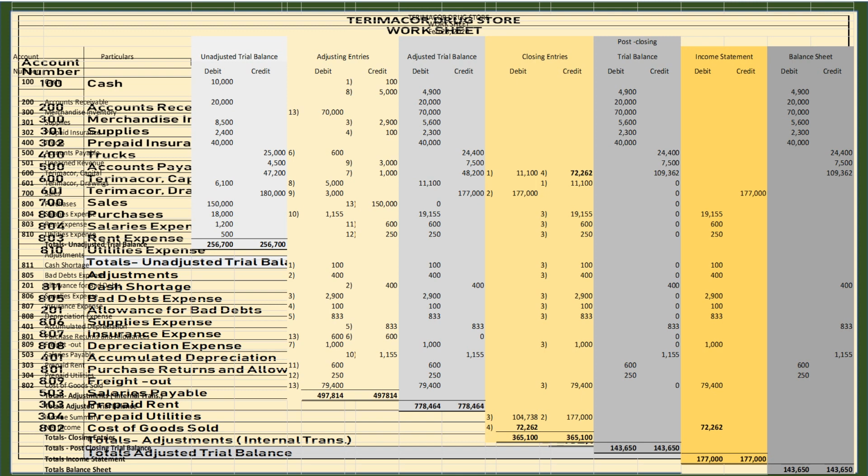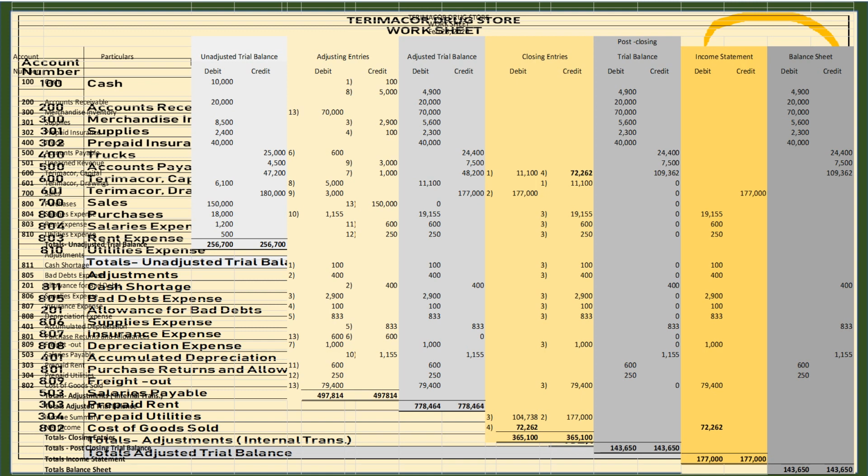The adjusted trial balance is the listing of all company accounts that will appear on the financial statements after year end, once adjusting journal entries have been made and posted to the ledger.